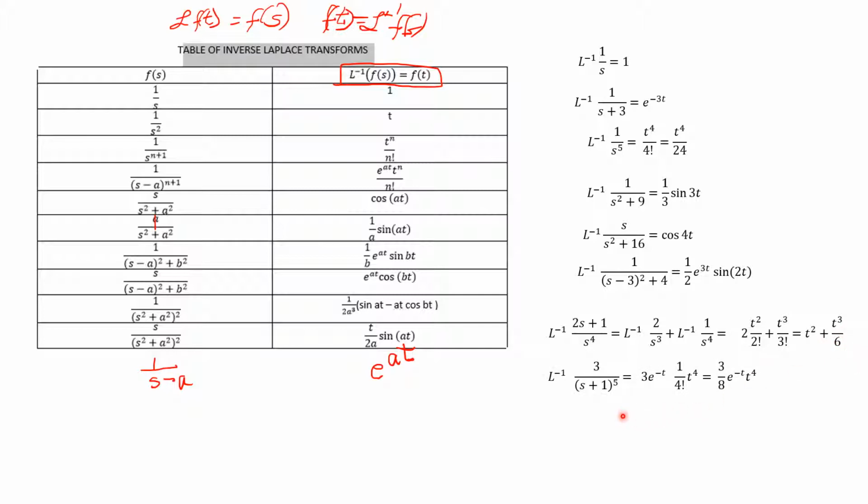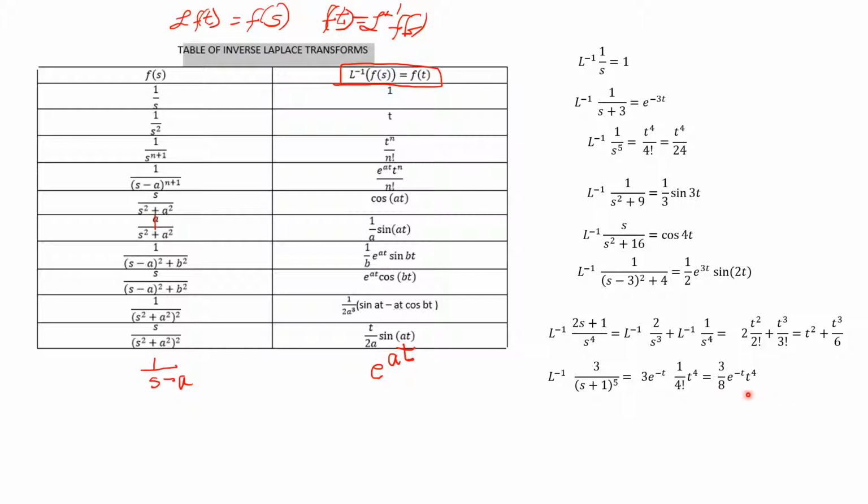Next, inverse of 3 over s plus 1 to the 5th. So you can have it here. So this is the same as 3 e to the negative t, and then t to the 4th. That is this, remember, 5 is 4 plus 1. t to the 4th over 4 factorial.